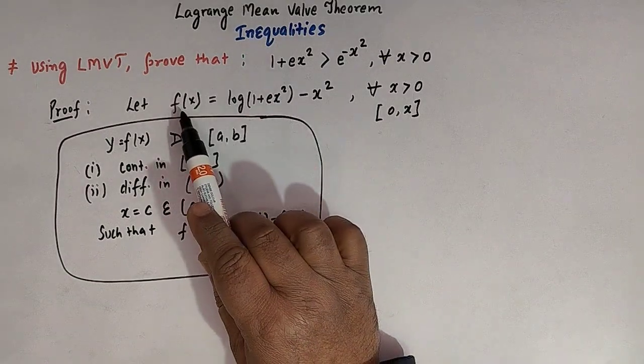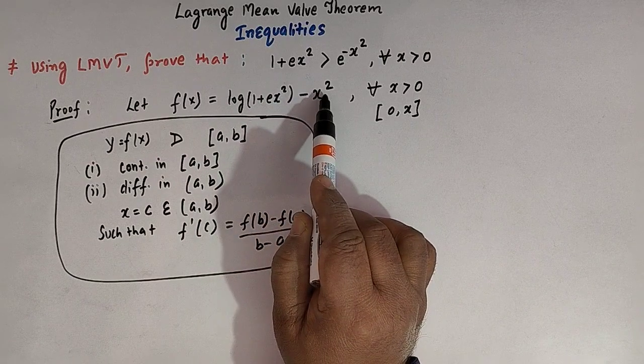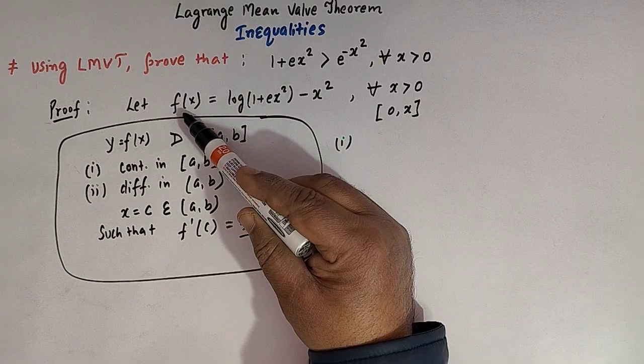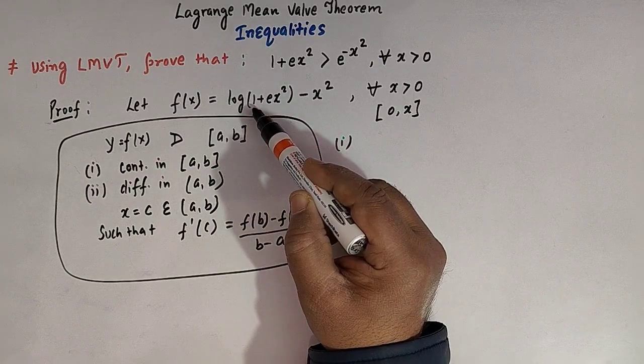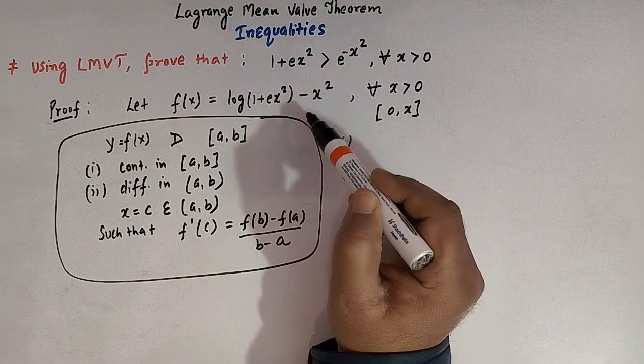Here we have the function log of (1 plus e^(x^2)) minus x^2. This function f(x) is a combination of a logarithmic function and a quadratic function, or we can say a polynomial function.